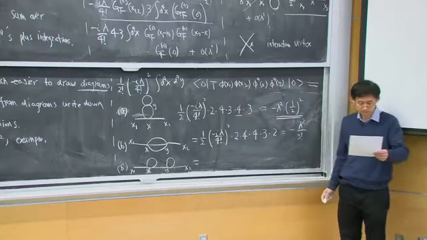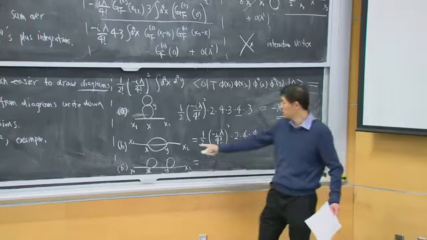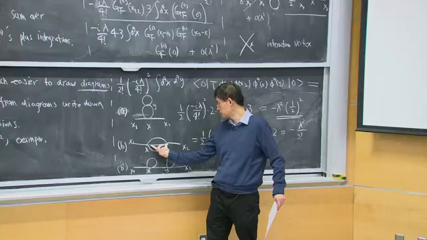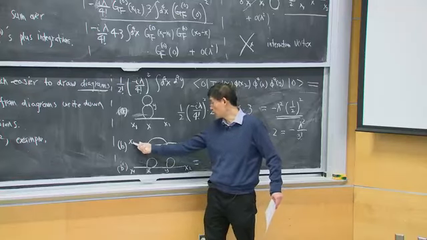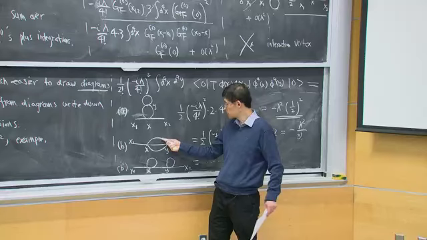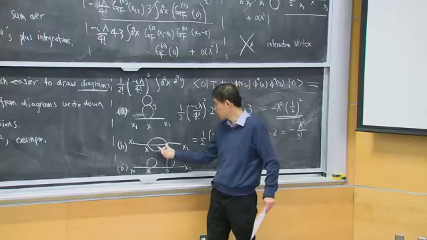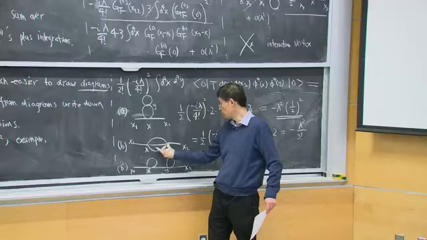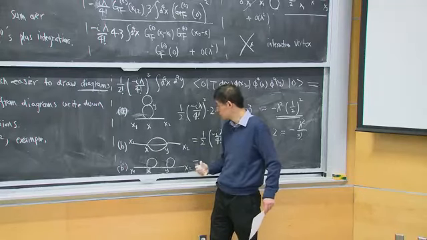Similarly from here, x and y are asymmetric because one is contracted with x1 and one is contracted with x2, so there's no symmetry factor from permuting the vertices.